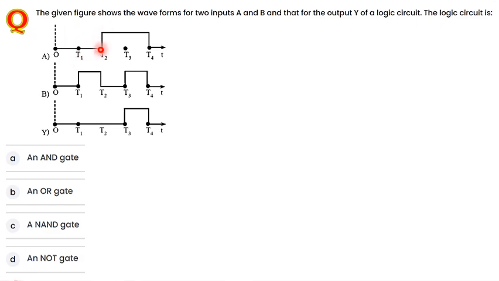For T2 we always go through the ending point. T2 here is on, that is 1.